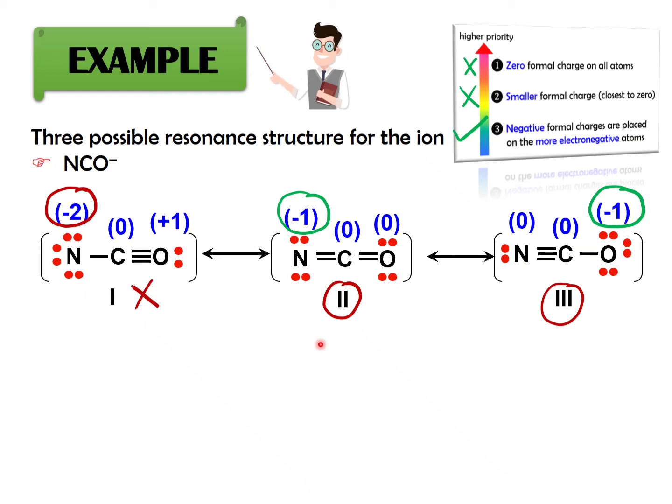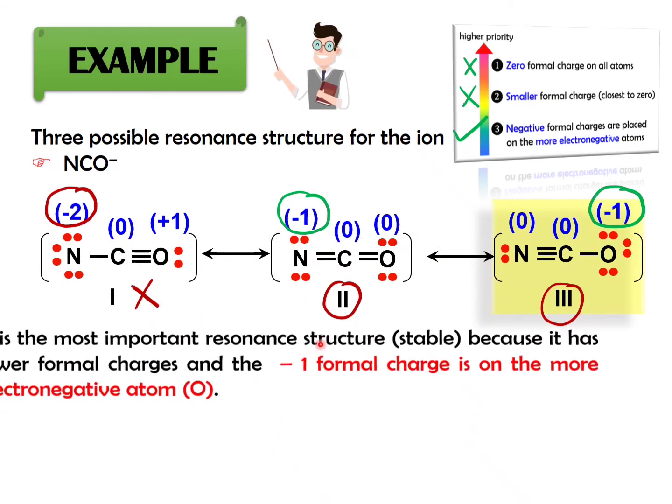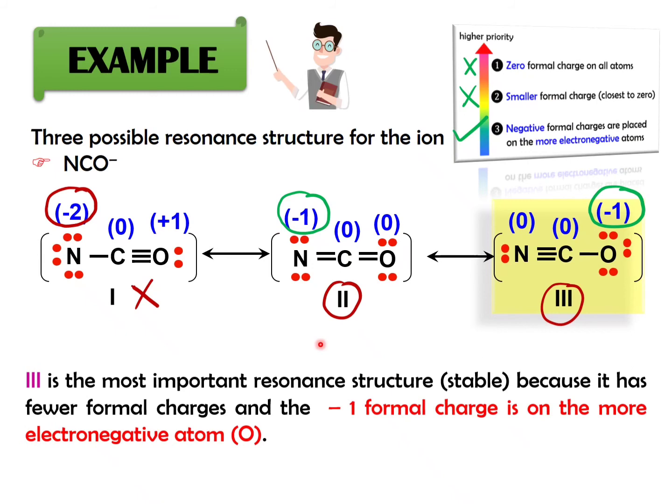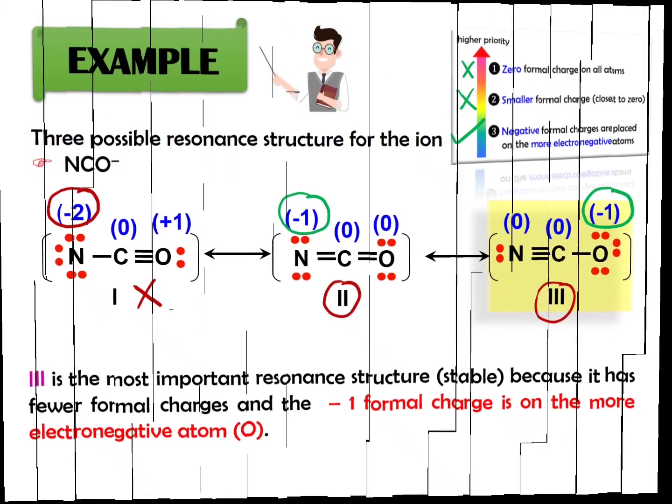So it means that oxygen is more electronegative atom. So the most plausible structure here should be structure number 3 because it consists of negative formal charge on the oxygen atom. So this is the answer.